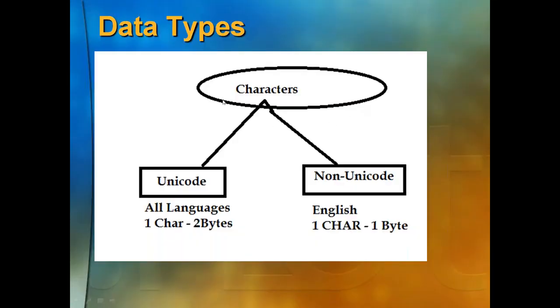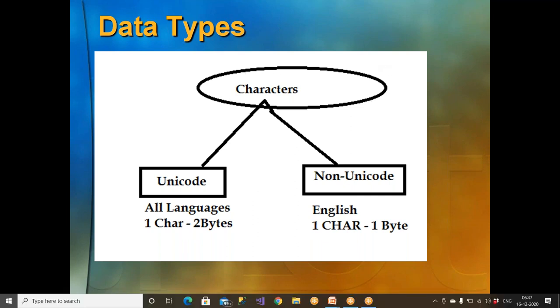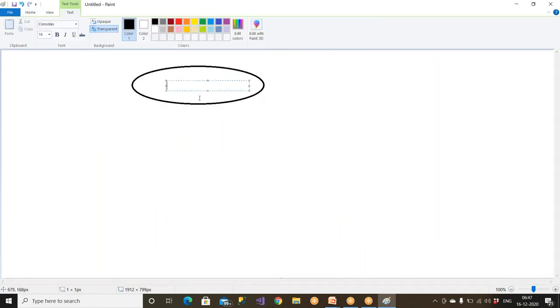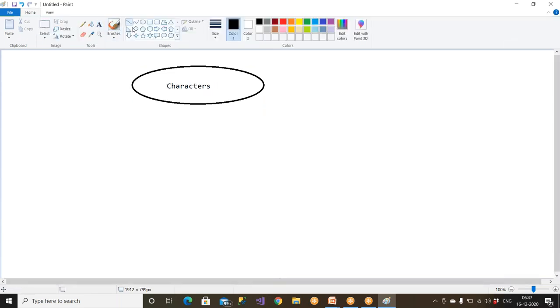If you take all the characters in this world, there are two types of characters. Let me take Paint and draw it. I'm talking about all the data. Let me take all characters. There are two types of characters in this world.